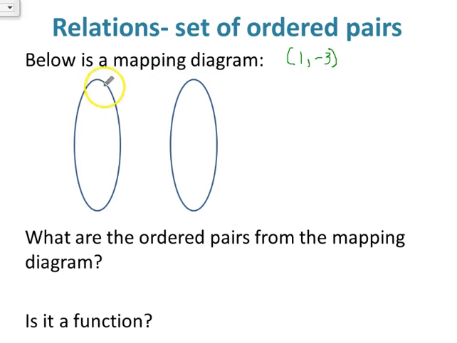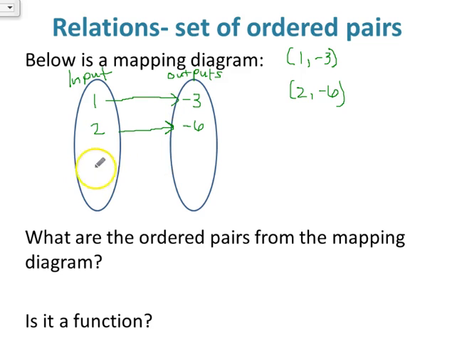If we were to put that in a mapping diagram, I could put 1, -3, and I would draw a line from 1 to -3. So these would be my inputs over here on the right, and these would be my outputs over here on the left. So let's keep going. Let's say that we've got 2 and -6. So I could put that in the mapping and draw my arrow to what goes together. I could say 5 and -15. That would be another.